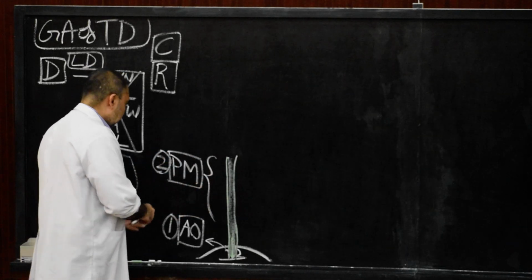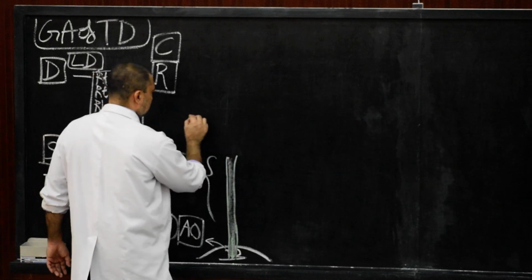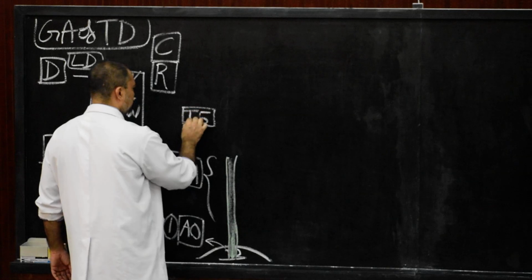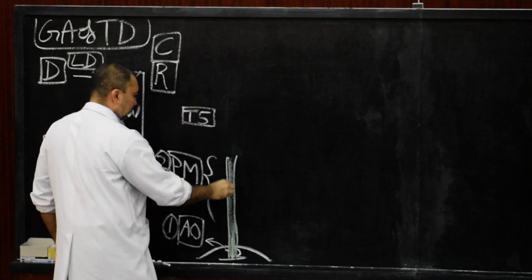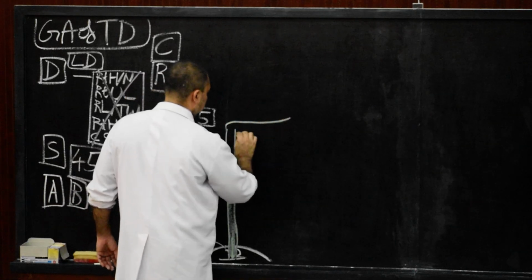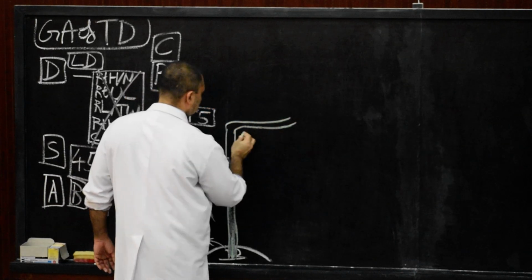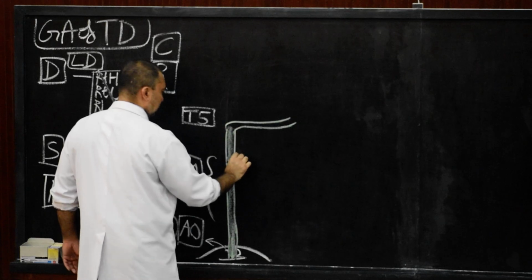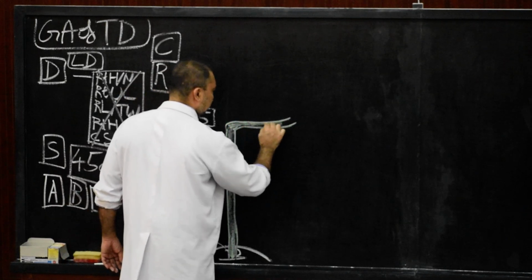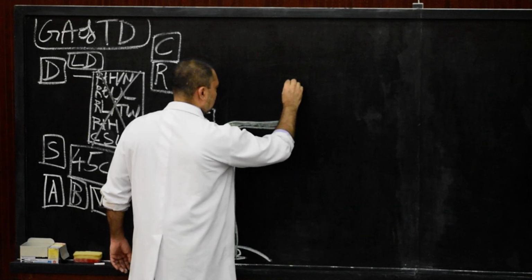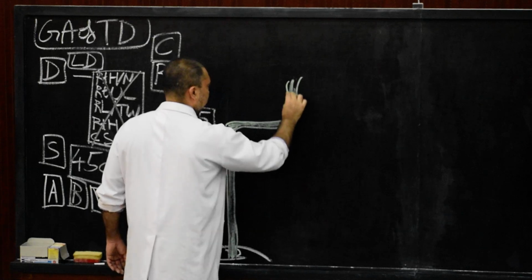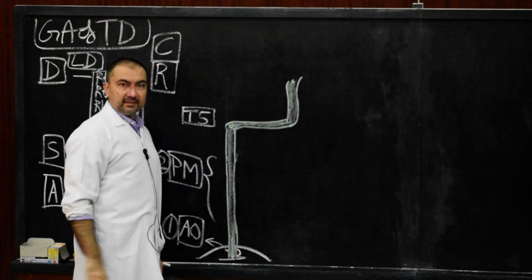Then at the level of T5, this level is very important, the thoracic duct will cross to the left side, and after crossing, it will enter the left side superior mediastinum.